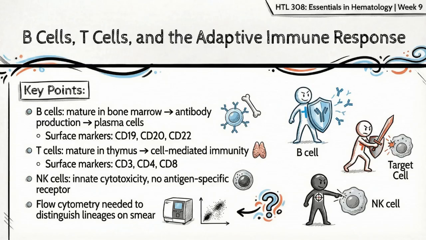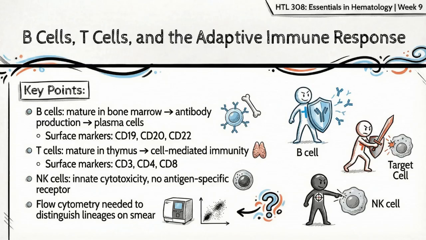On a routine peripheral blood smear, you cannot distinguish these populations by morphology alone. However, flow cytometry utilizes specific CD markers, for example, CD19 and CD20 for B cells, CD3, CD4, and CD8 for T cells, and CD56 and CD16 for NK cells, to accurately identify and quantify these distinct lymphocyte populations, providing crucial diagnostic information.